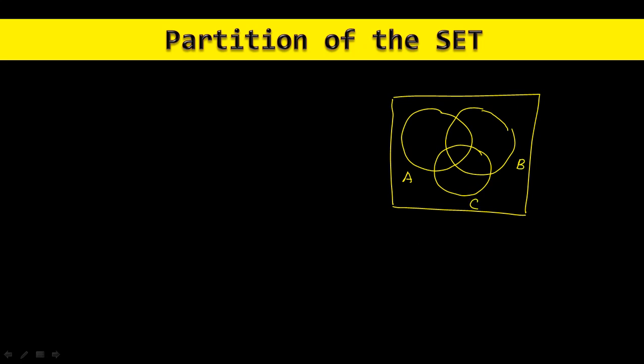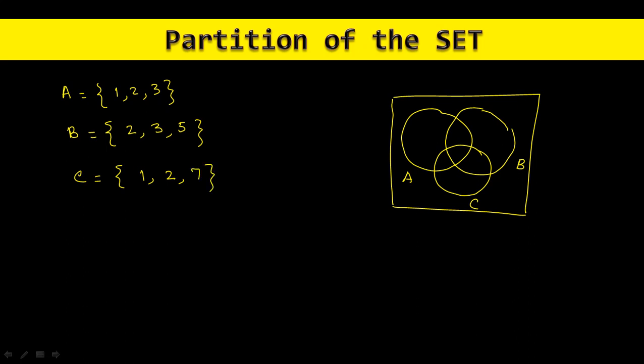Okay. Let the elements of A be 1, 2 and 3. Set B comprise of 2, 3 and 5. Then set C comprise of 1, 2 and 7.